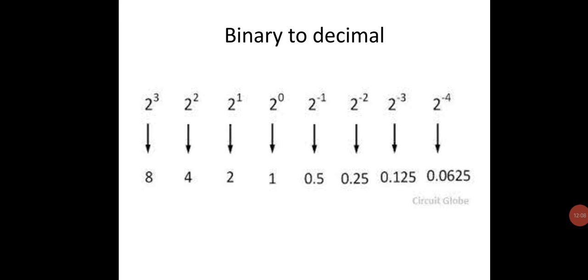Now we will start with the conversion of the number systems. The first type is binary to decimal. So you have to remember this table, and while conversion you have to use these values.